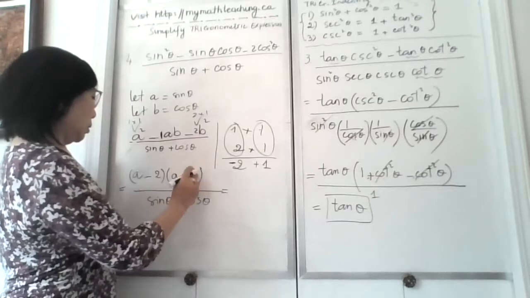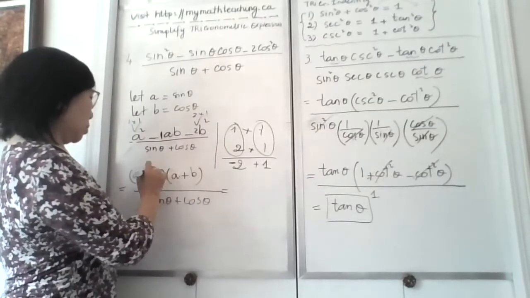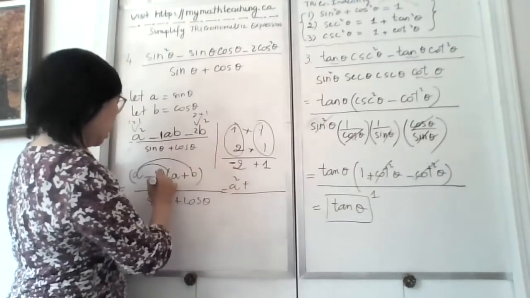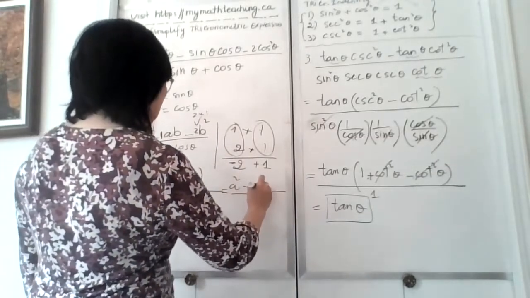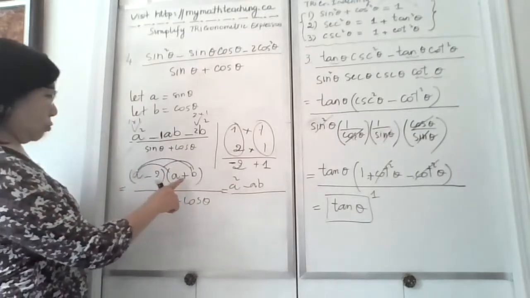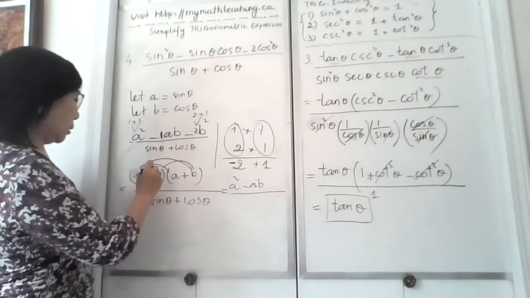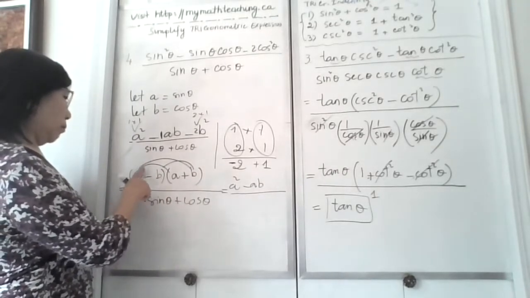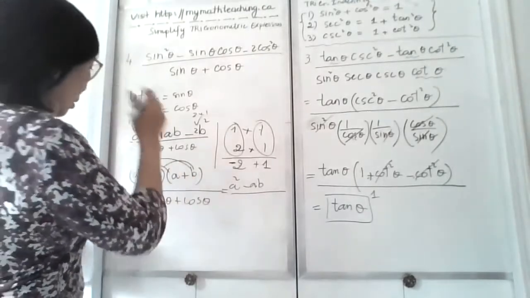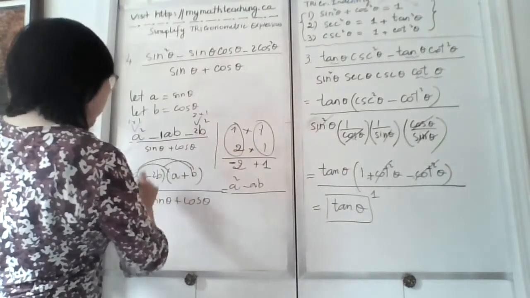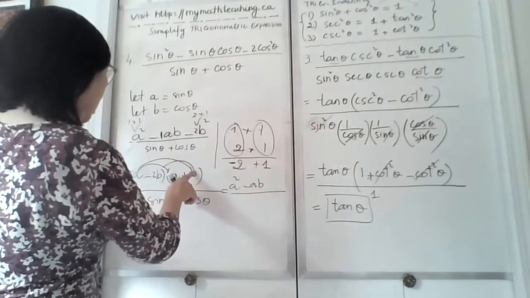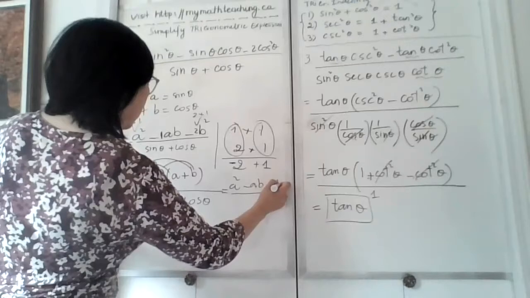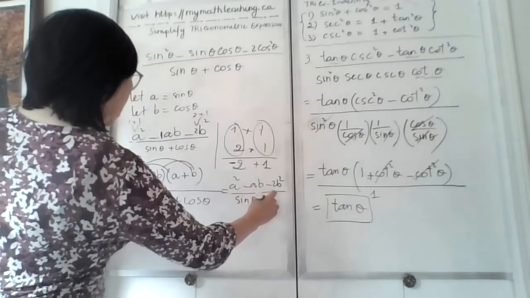Sorry, this should be A and this should be B. Let's check: A square plus AB minus 2AB gives minus AB, and the last term gives minus 2B square. So it is A minus 2B times A plus B. That's right, A square plus AB minus 2AB gives minus AB and minus 2B square, over sine theta plus cos theta.